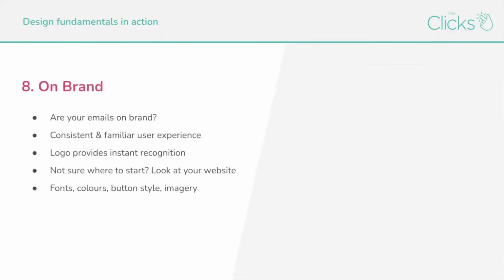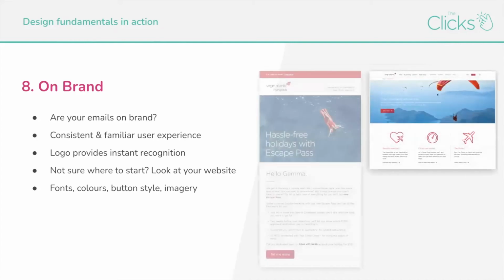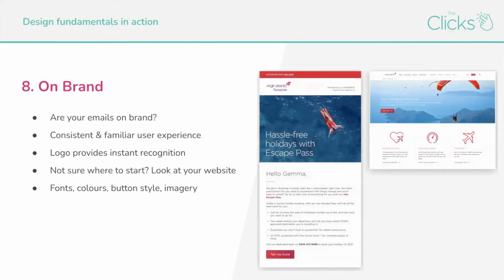Next up, we've got making sure your emails are on brand. So this helps to create a consistent and familiar user experience across all your digital marketing. So upon opening the email, your user knows who it's from and what to expect. So for example, this is Virgin Atlantic's website, and this is their email that they send out.